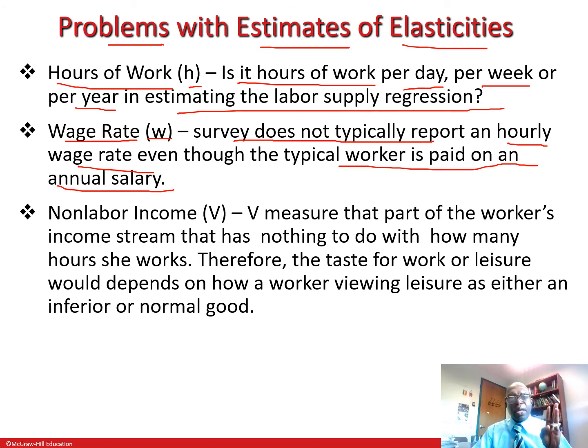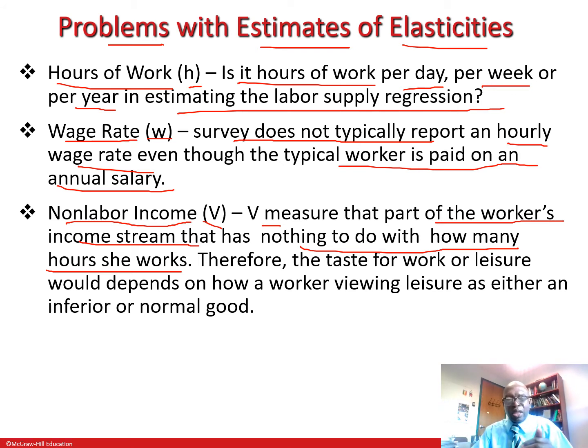The third problem is the non-labor income, V. V is defined as the part of the worker's income stream that has nothing to do with the hours she works. An example of non-labor income is the interest you could earn on your savings account at the bank.